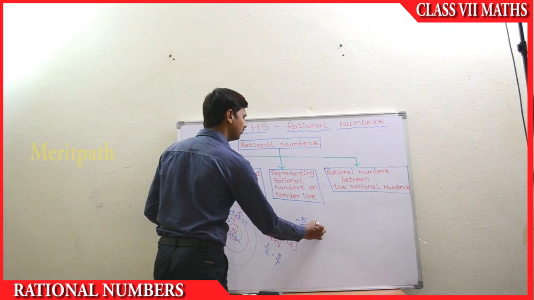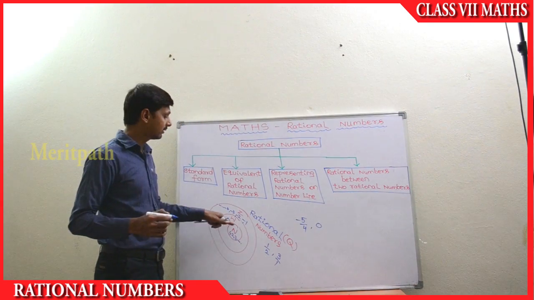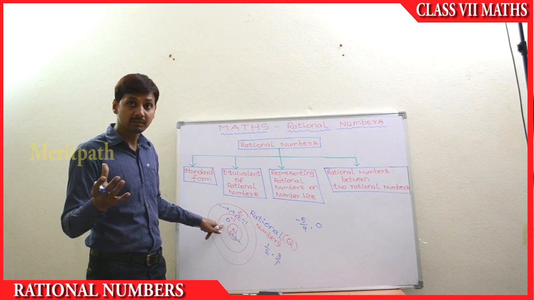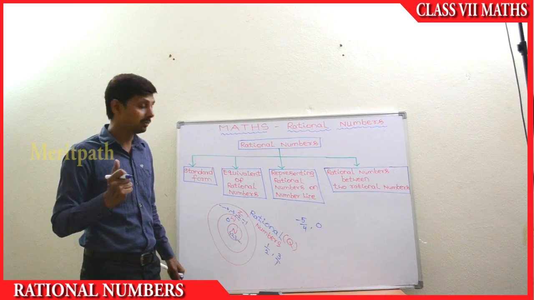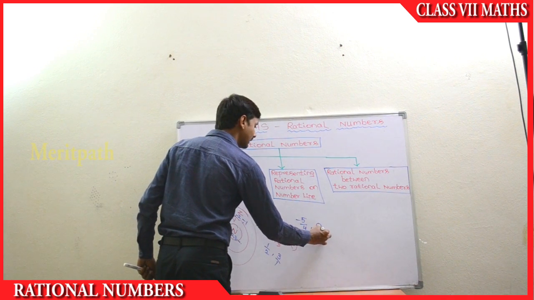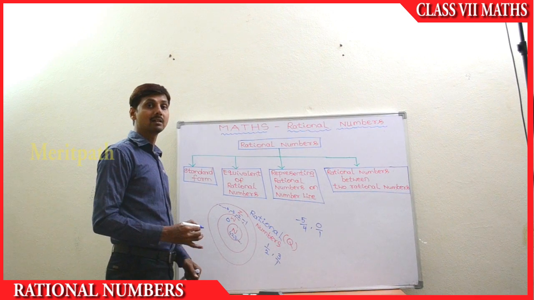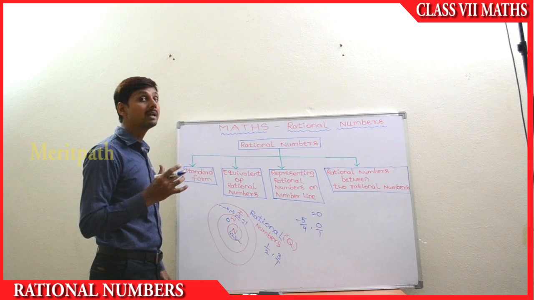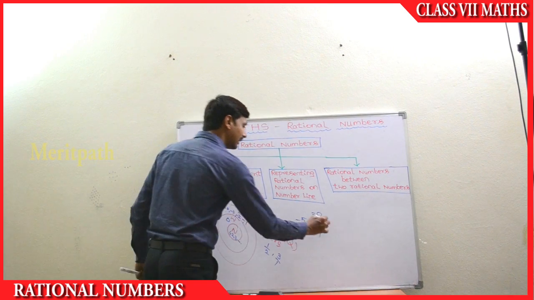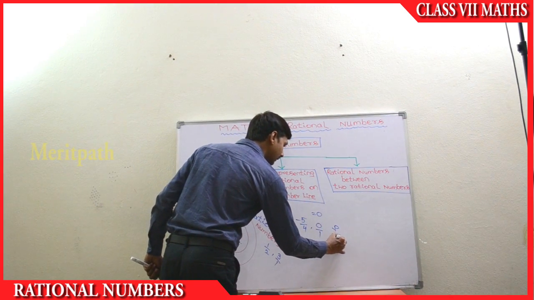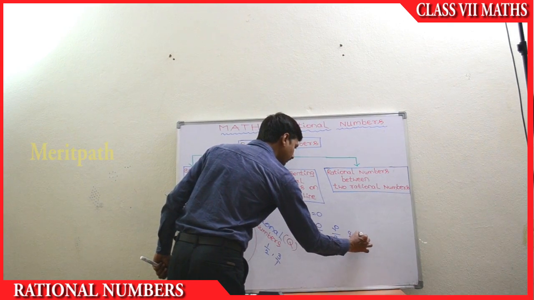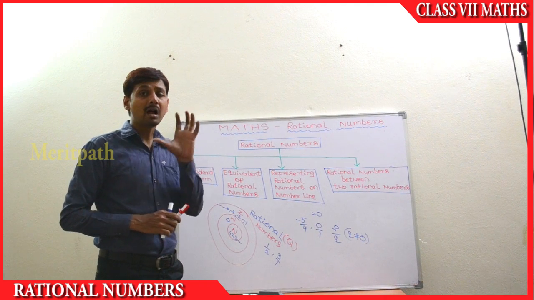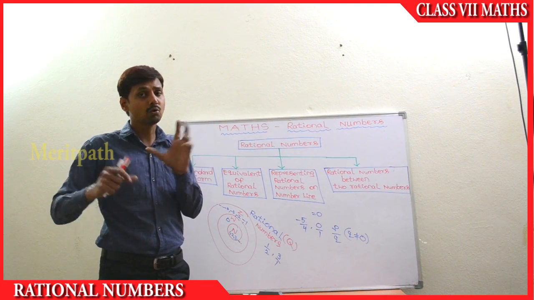If we write 0, 0 is a rational number, because we already know that all the whole numbers are rational numbers. But how is 0 a rational number? We write 0 by 1, which is equal to 0 only, and that's the reason 0 by 1 is called a rational number, where this is P by Q and Q is not equal to 0.